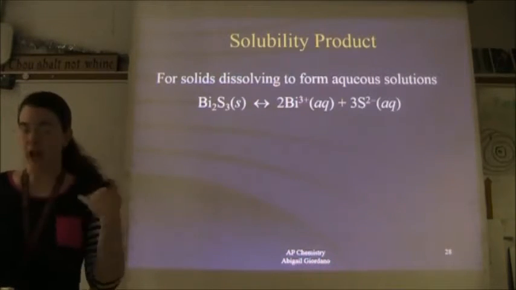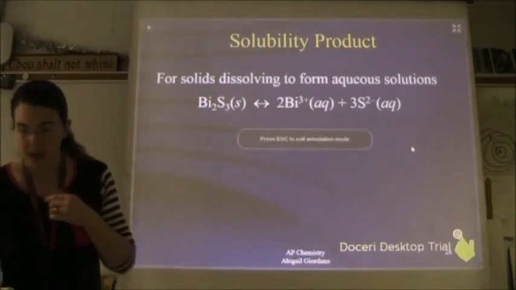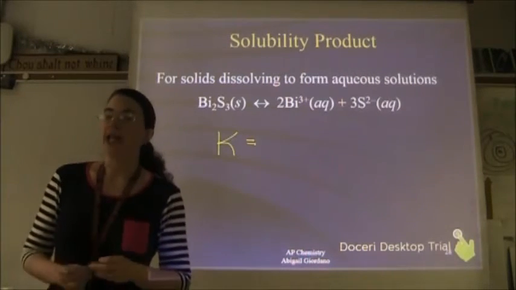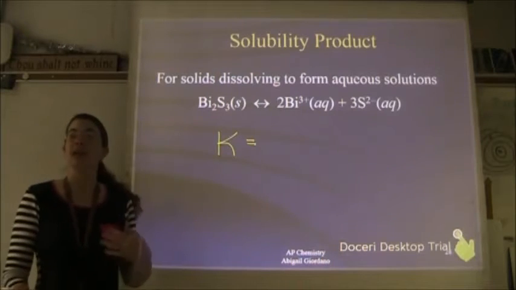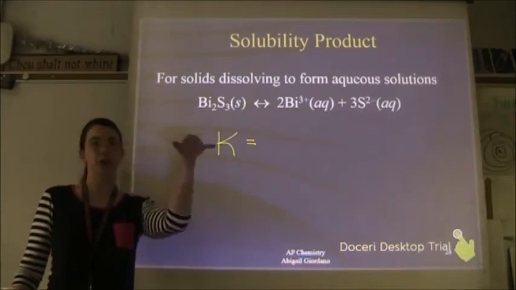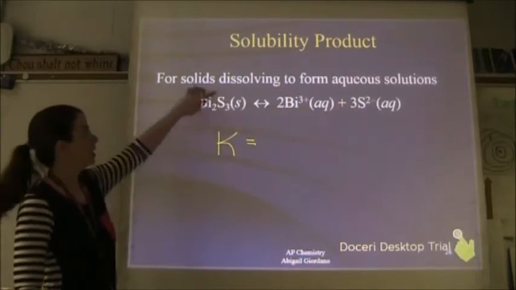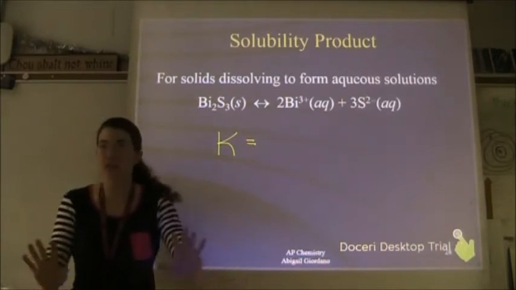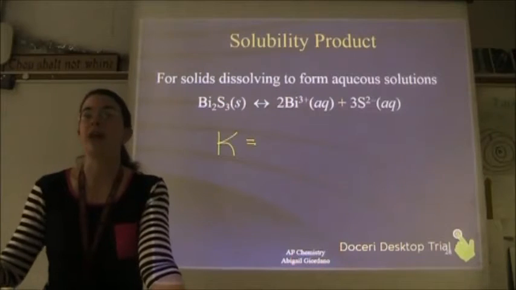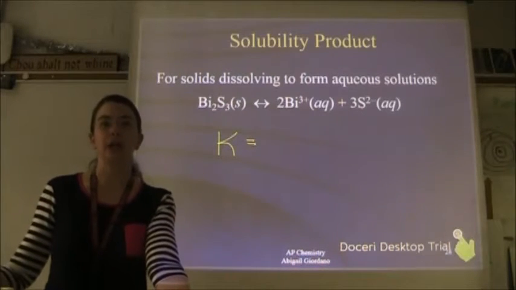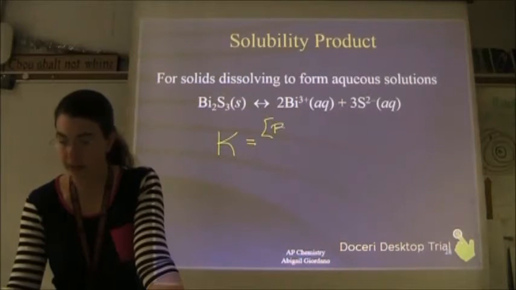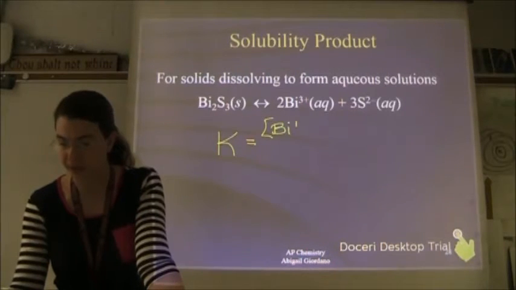Now, would you guys tell me, please, if I asked you to write the equilibrium expression, products over reactants, for this reaction, I'm not asking you to solve for anything, what would that expression look like? What would be in the numerator? Okay, yeah, bismuth, that's an element we don't deal with very often.